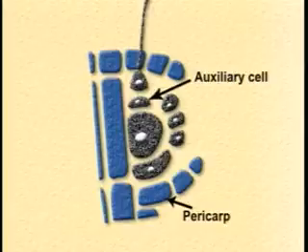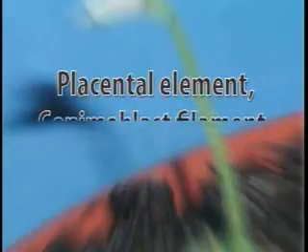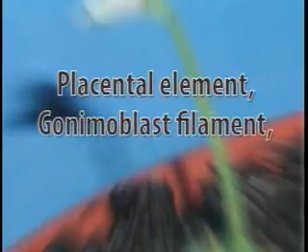Meanwhile, with these changes, the pericentral cells adjacent to the supporting cell divide several times to form a protective flask-shaped covering, the pericarp. It consists of 2 layers and has a wide aperture at its distal end. The entire structure consisting of the placental element, gonimoblast filament with terminal carposporangia, and surrounding pericarp is termed the cystocarp.